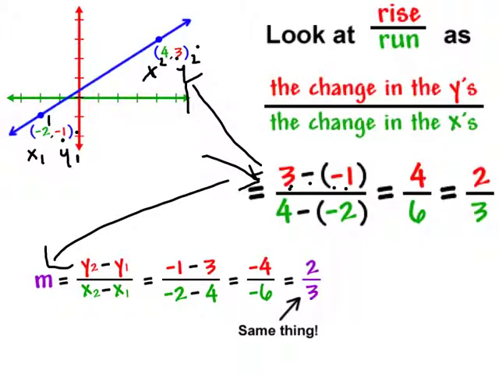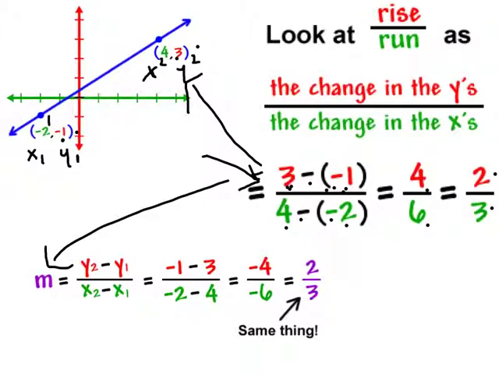So it would be like saying 3 plus 1 is 4. And then x of the second is 4. X of the first is -2, but you've got this negative here, so 4 plus 2 is 6. 4 over 6, when reduced, is 2/3.